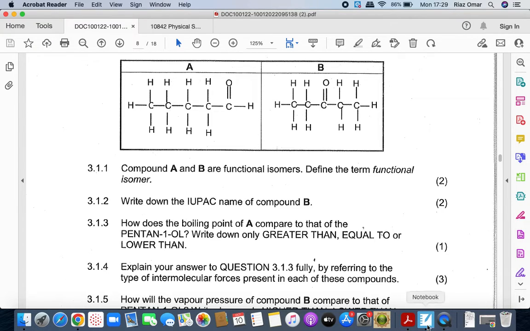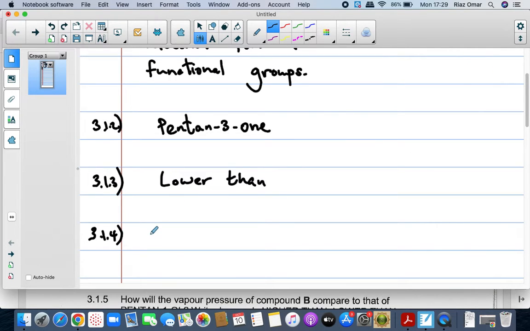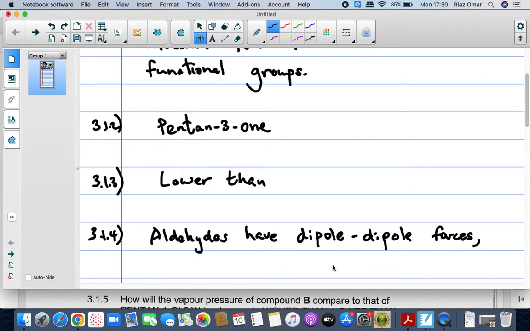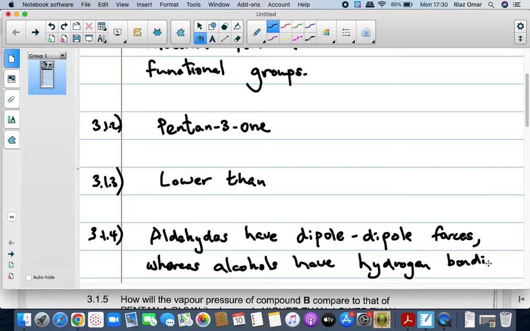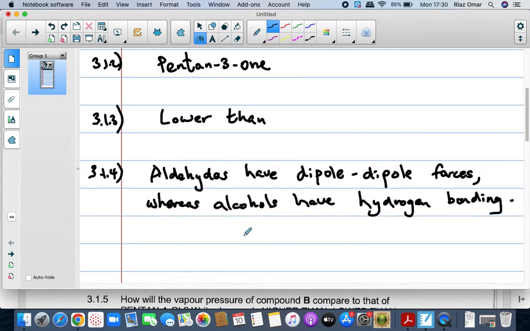So it's lower than, and we can say aldehydes have dipole forces, whereas alcohols have hydrogen bonding.